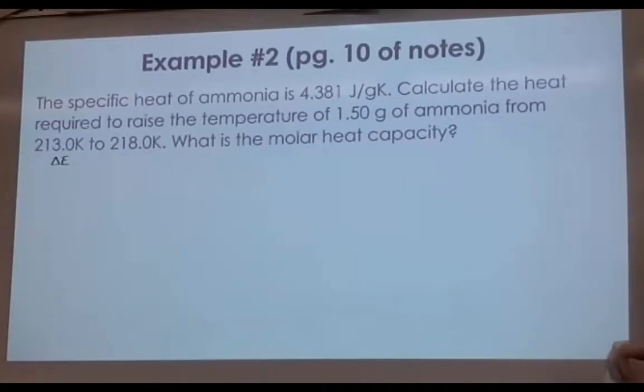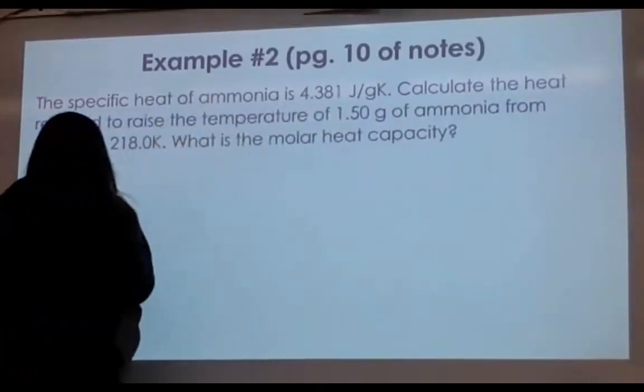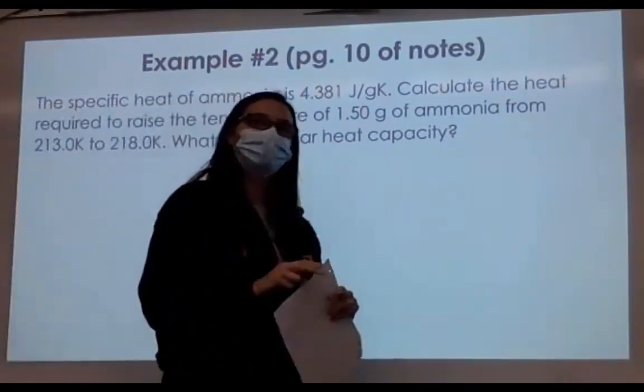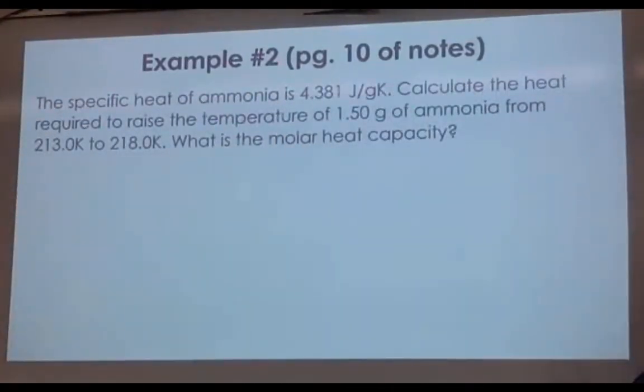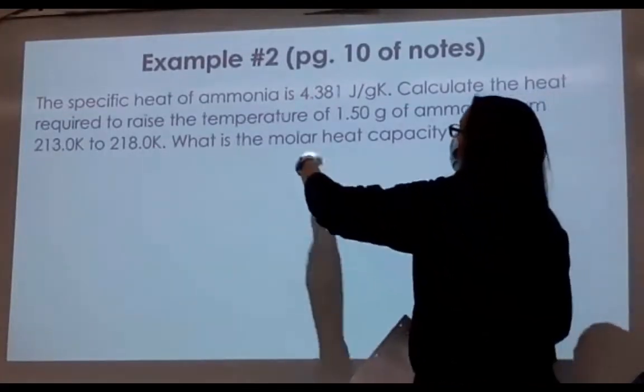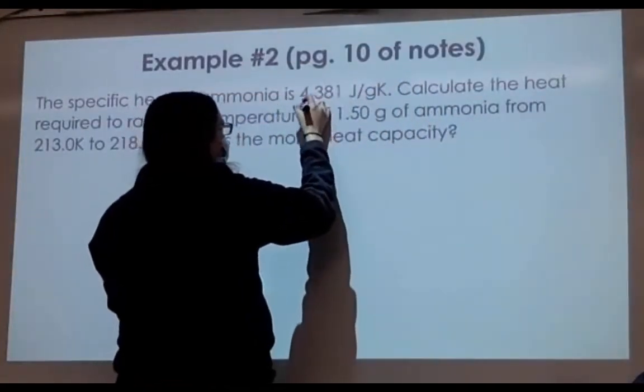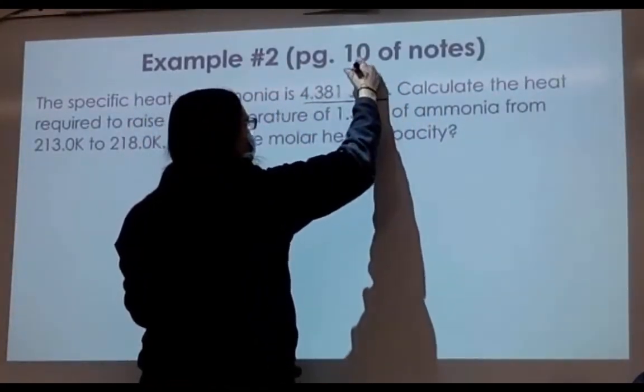That can be used interchangeably because delta T, whether it's in Celsius or Kelvin, is actually the same thing because you always do conversions before you find the change in temperature. So water's specific heat is 4.184 joules per gram degree Celsius and 4.184 joules per gram Kelvin. So they are the same thing. So the specific heat of ammonia is 4.381 joules per gram Kelvin. So specific heat is C.